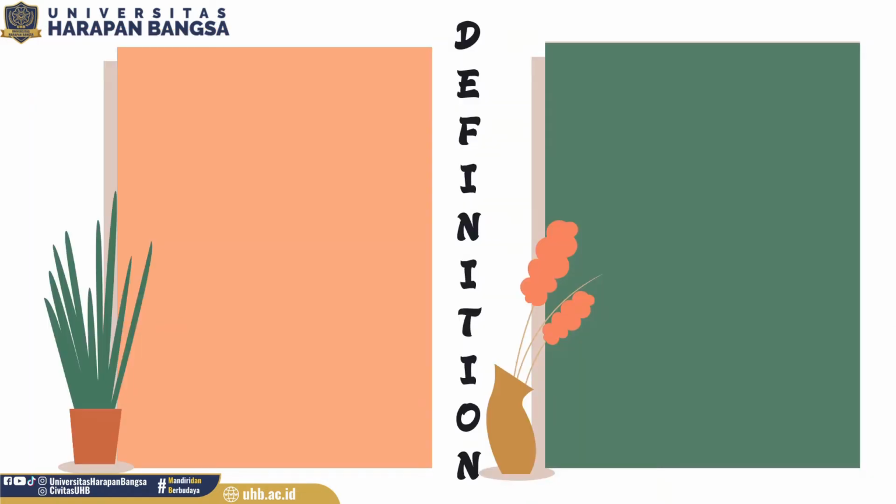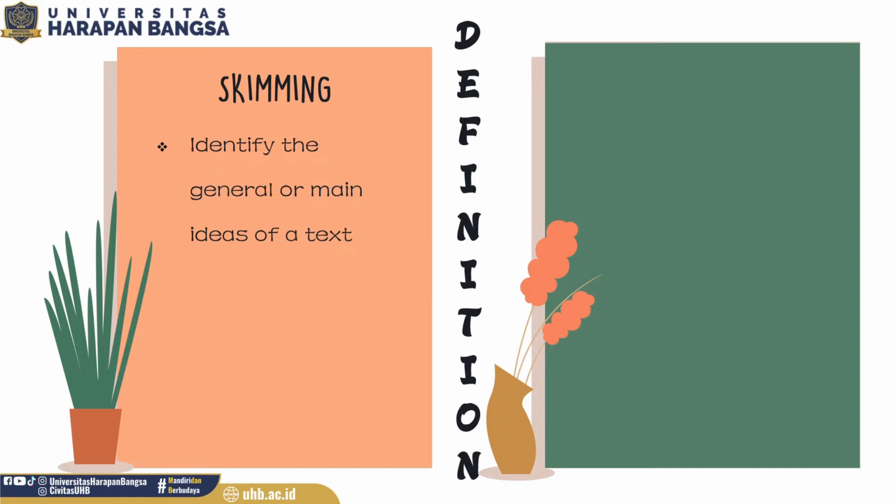Now let's move to the definition of skimming. Skimming is a technique used to quickly identify the general or main ideas of a text. And it involves running eyes quickly over text and looking for some of the important parts of the text.